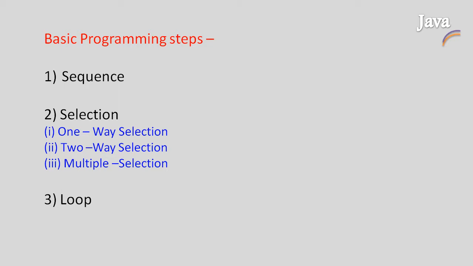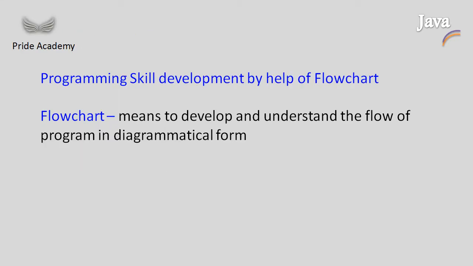So what will be the approach? First we are going to make the program as a flowchart. Now what is a flowchart? The meaning of a flowchart is to give a diagrammatical presentation to a program. By diagrammatical presentation the things are more clear to us. If there is any doubt, it gets cleared.